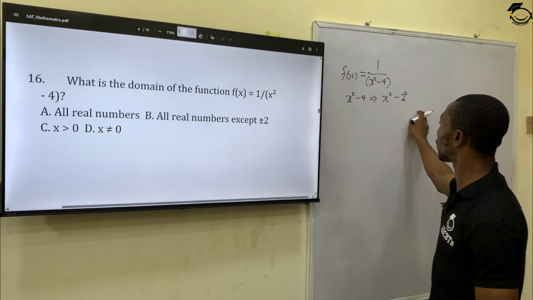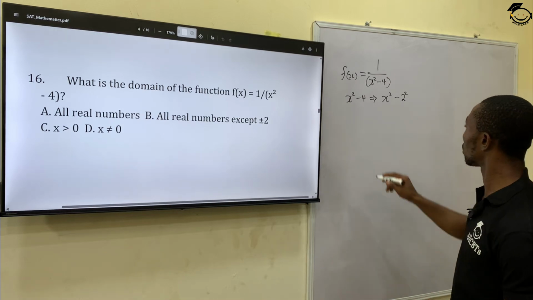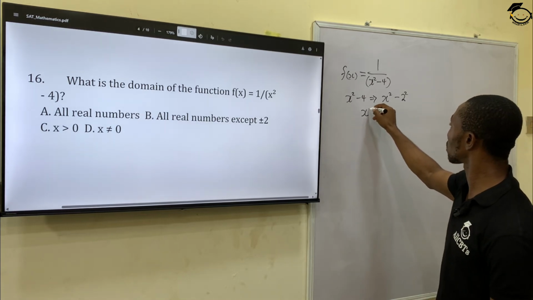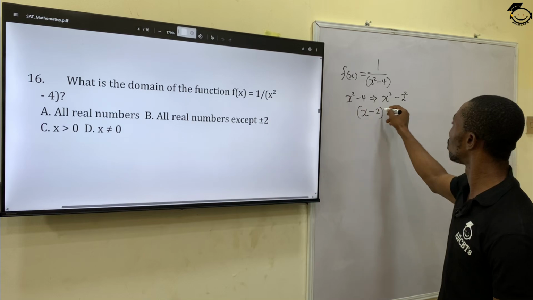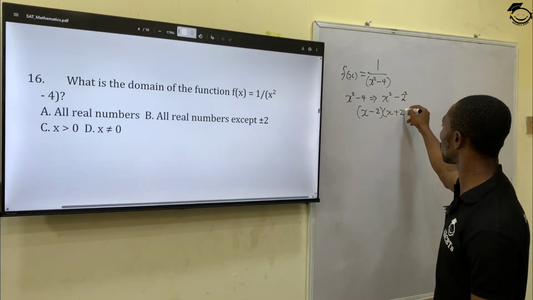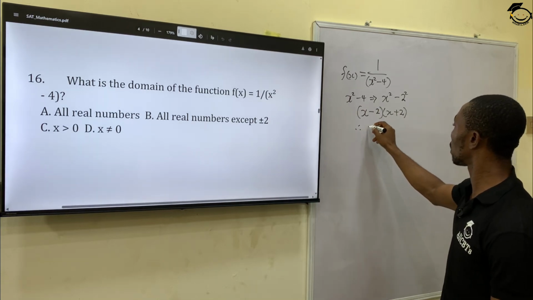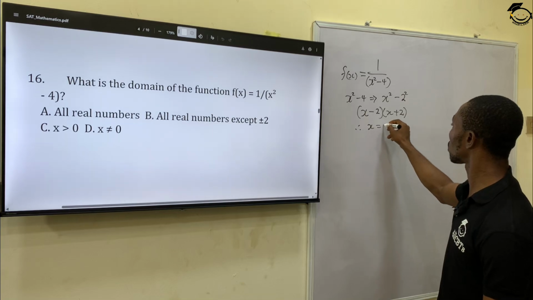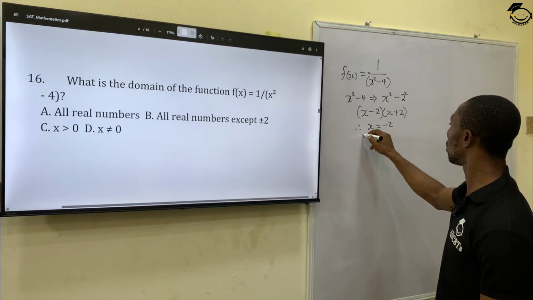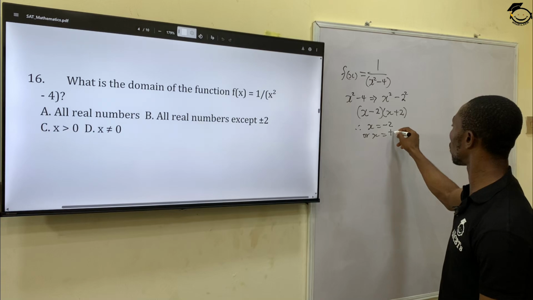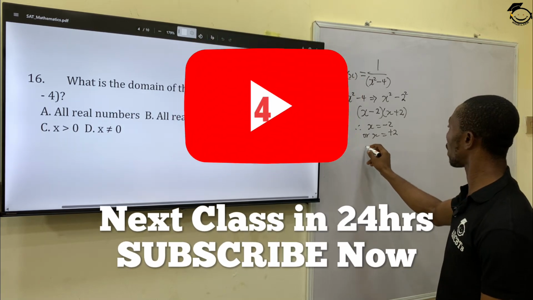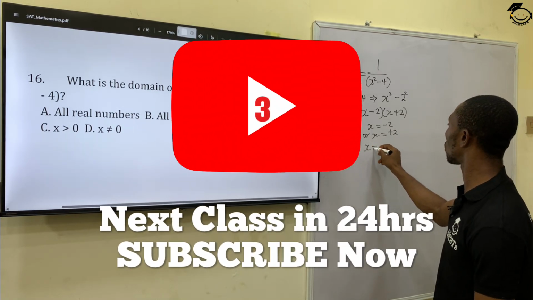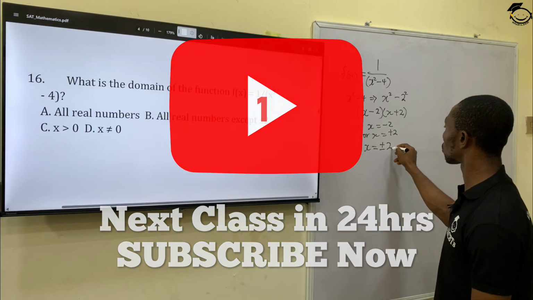Now, applying our difference of squares method, this becomes x minus 2, x plus 2. Okay, so therefore x equals minus 2, or x equals plus 2. So the values of x will range between x equals plus or minus 2.